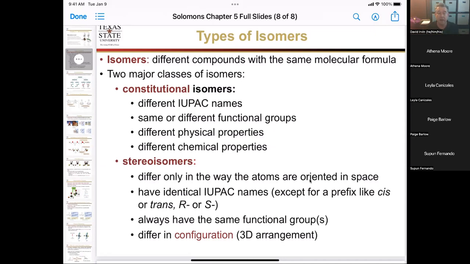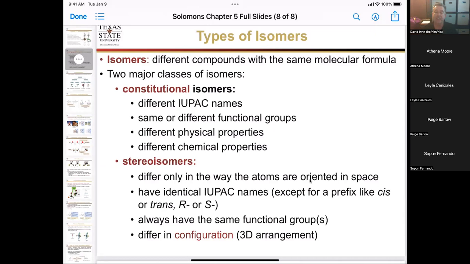Now, the other isomer we have is stereoisomer, meaning they have the same empirical formula and they're hooked together exactly the same way, except for one or more bonds that is changed in space, okay? Which means they are going to have identical IUPAC names except for our prefix of cis or trans in the case of a double bond, or R and S in the case of our sp3 hybridized carbons.